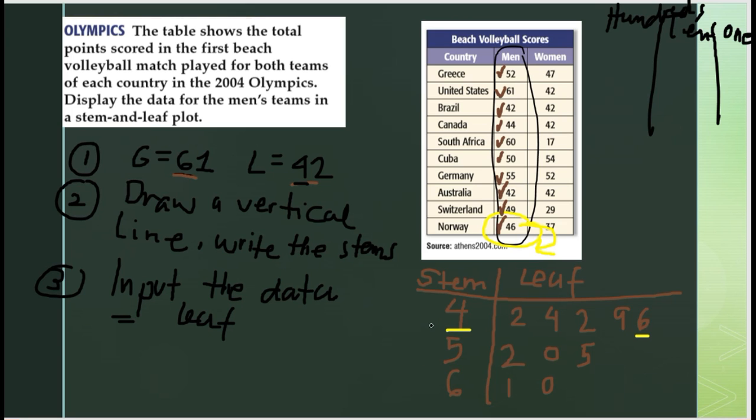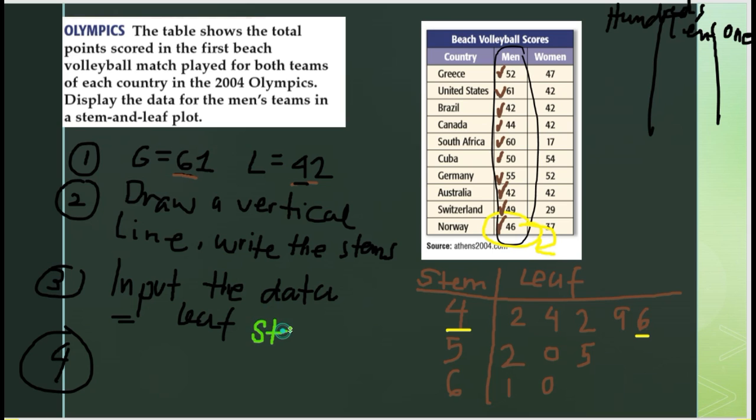Now, the last step would be to rearrange them in proper order, from smallest to greatest. So the final drawing would be, I'll redraw. Okay, I'll use green. So this would be the final stem and leaf plot.